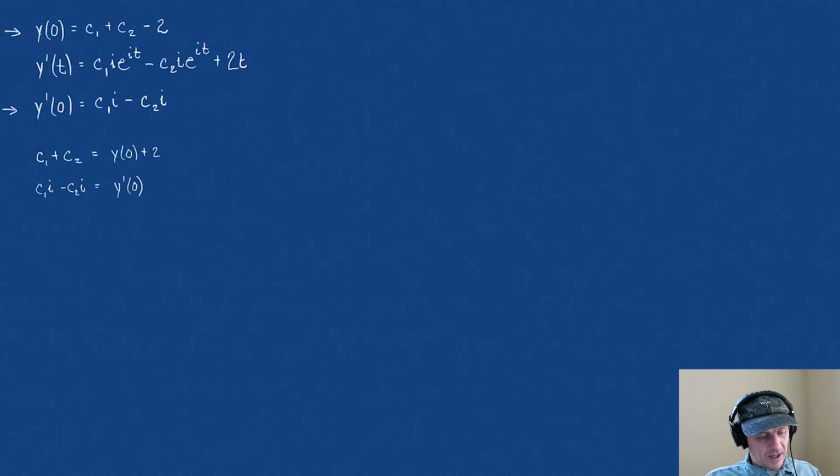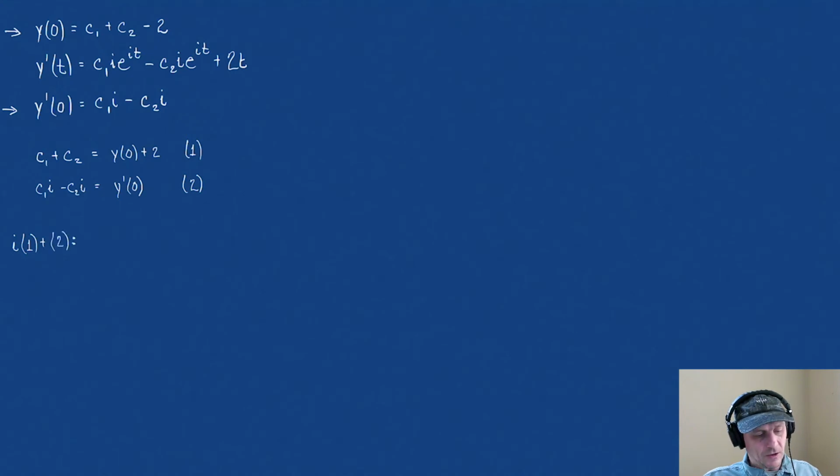I can't add anything yet, so I'm going to multiply the first equation by an i, and then add the second equation. So we'll call this our first equation, and this will be our second equation. Let's see what that gives us.